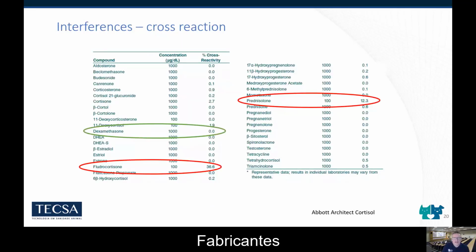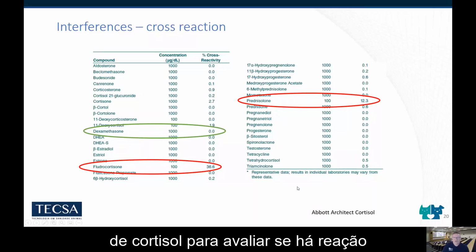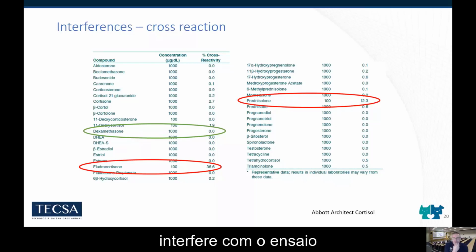So, for example, a manufacturer of a cortisol assay will generally source a lot of steroid-shaped hormones that are structurally similar but aren't cortisol, and then test them in their cortisol assay to see whether there's a cross-reaction, whether or not the presence of that hormone will interfere with the assay or whether the antibodies will pick that up.